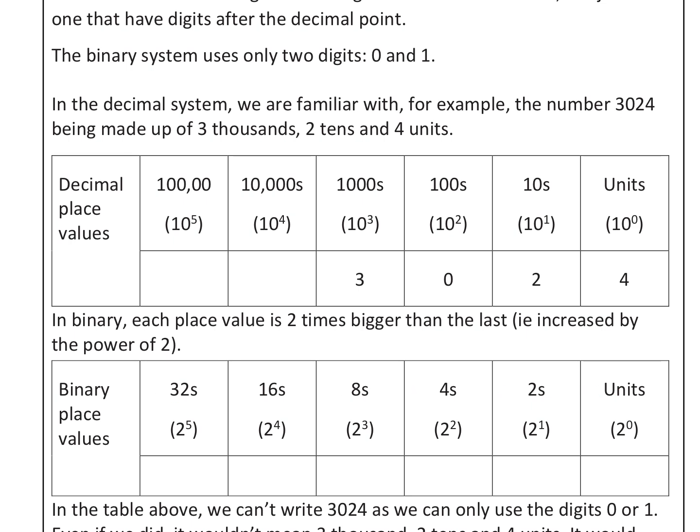Okay? You wouldn't bother writing place value headers for decimals because you know in your head that this is the thousands column, the hundreds, tens, and units. But binary is not second nature, so you should always write out these column headers or place values.